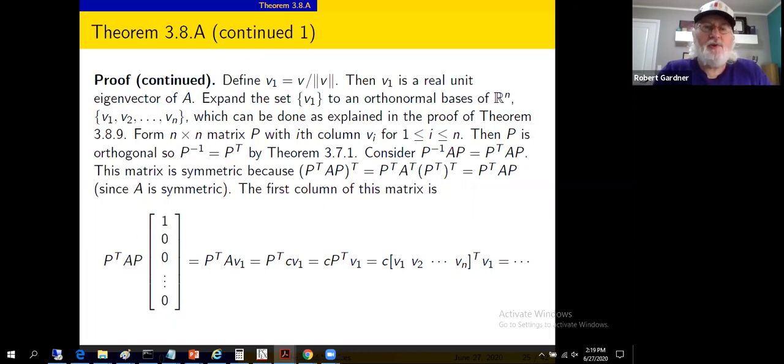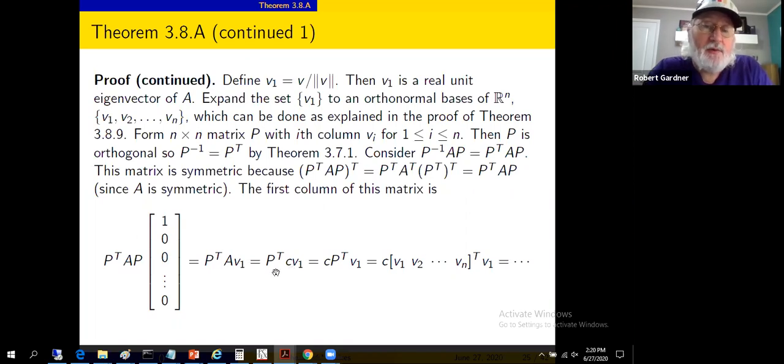Remember, I don't know too much about V2 through V sub n, but I know a bit about V sub 1. It's an eigenvector. The other things, maybe not. The other things are orthonormal. I know that, but I don't know anything about eigenvalue properties of V2 through V sub n, but I do about V sub 1. Why? V sub 1 is an eigenvector associated with eigenvalue C. So I can replace A times V sub 1 with C times V sub 1, definition of eigenvector and eigenvalue.